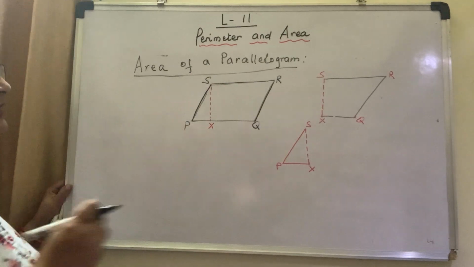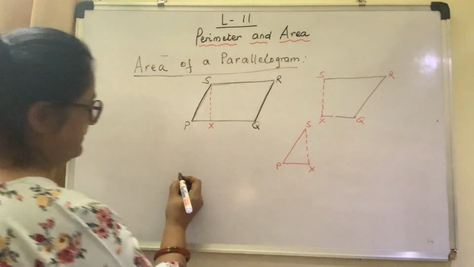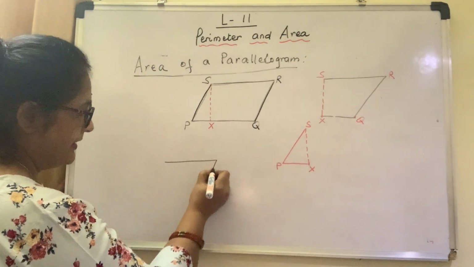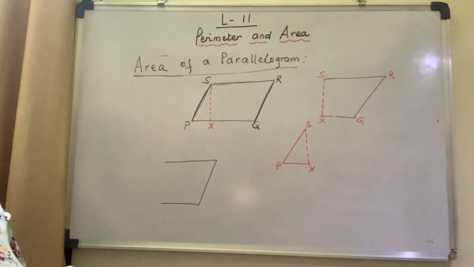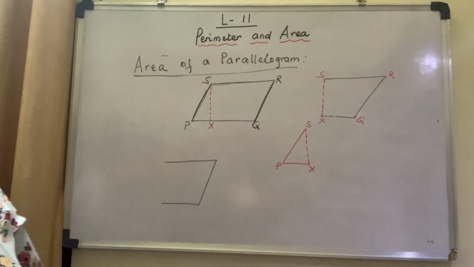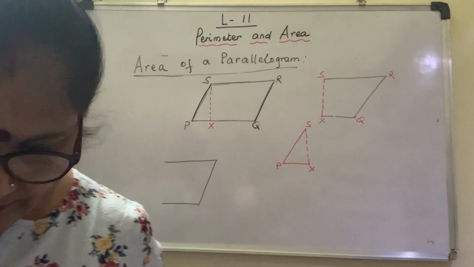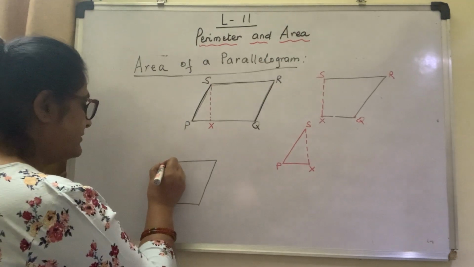Now, I will take this triangle and place it out here. Fix it here. So now my figure is one line here. I have a triangle out here. This is my figure. What do I have here?